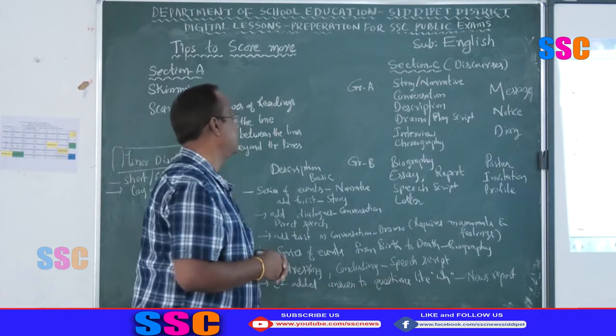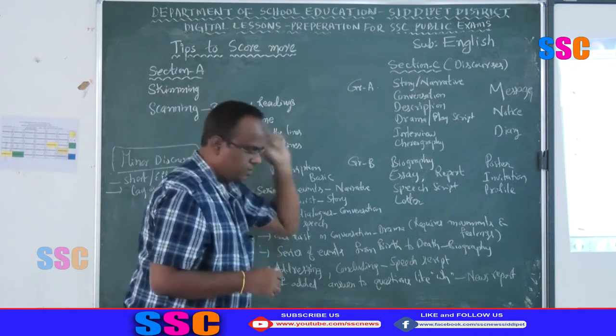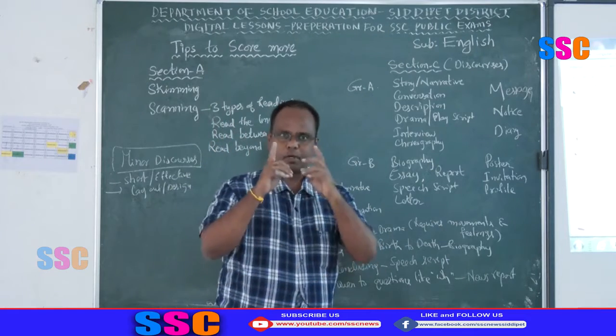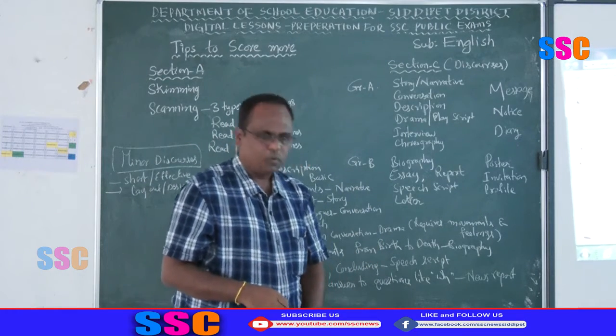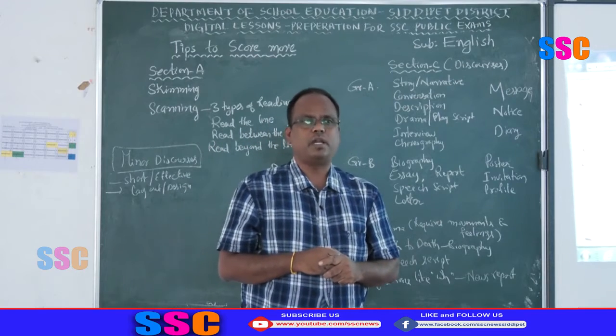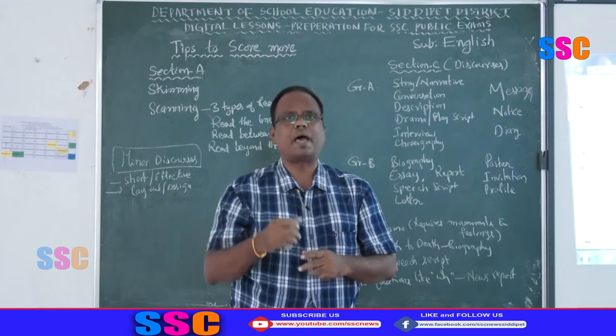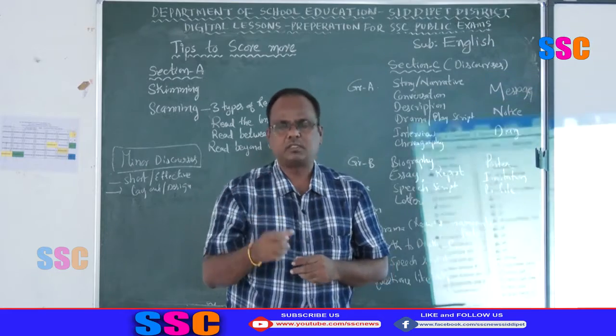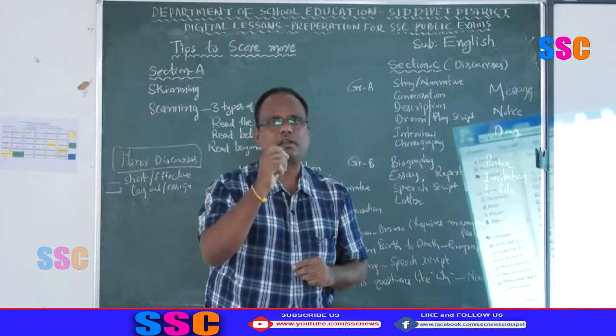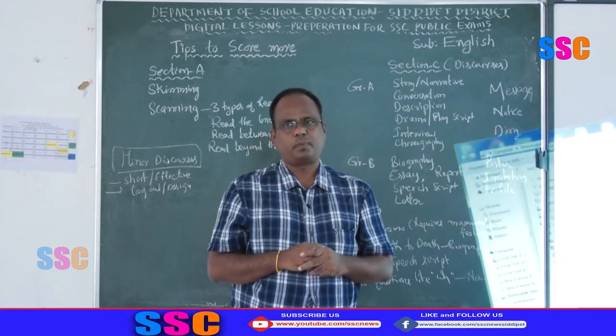So skimming is very useful for paper 2. In skimming, what does a student have to do? A student has to read the passage thoroughly once so as to get the central idea of the passage.